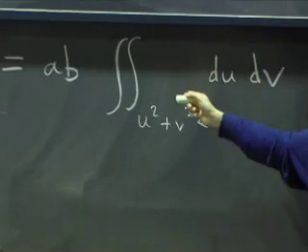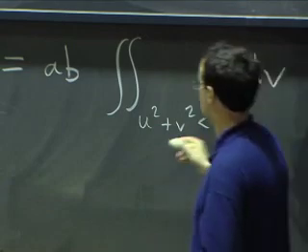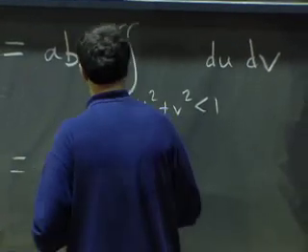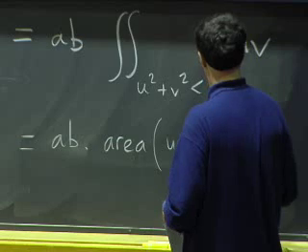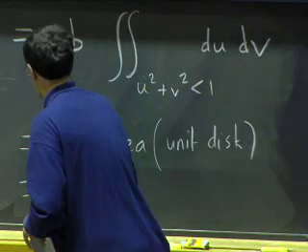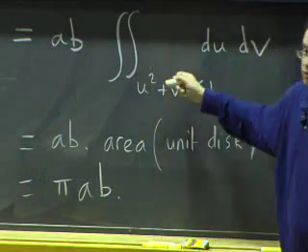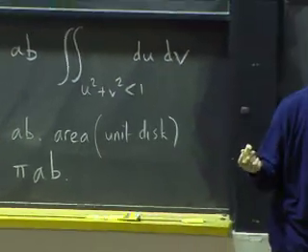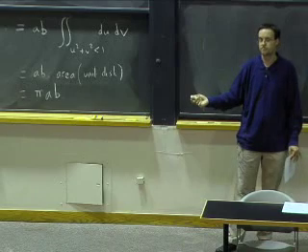And that is an integral that we know how to do, because it's just the area of a unit circle. So this is ab times the area of the unit disk, which we know to be pi. Or if somehow you had some function to integrate, then you could have switched to polar coordinates, setting u equals r cos theta, v equals r sine theta, and then doing it in polar coordinates.